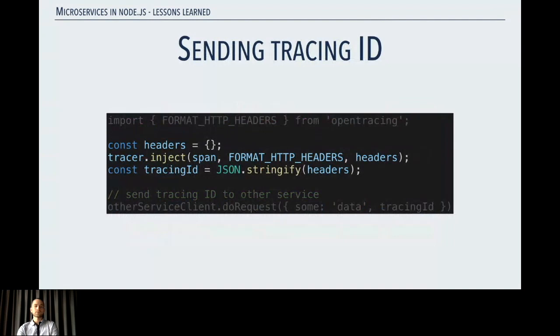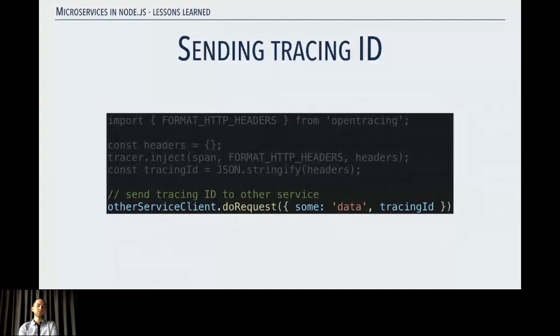So there are, of course, ready-made methods for it. There's that inject method, which can get us the proper tracing ID. But then we need to somehow send that tracing ID to another service. And it really depends on what we used to communicate between services.